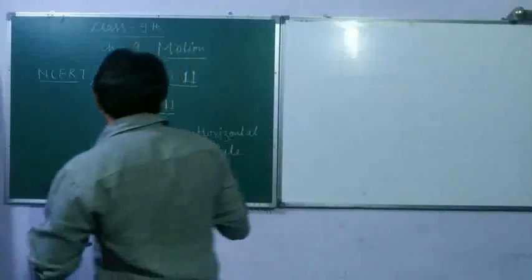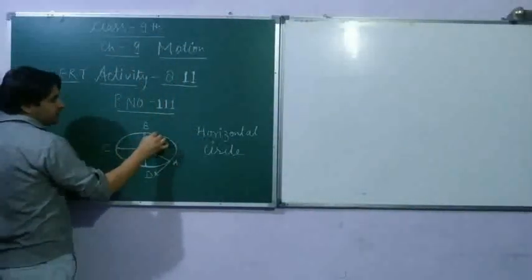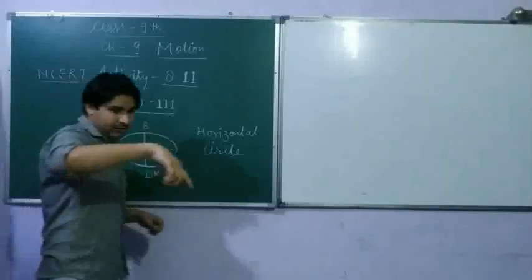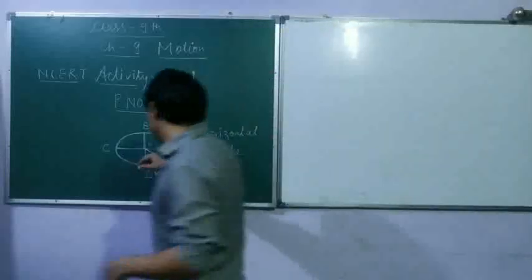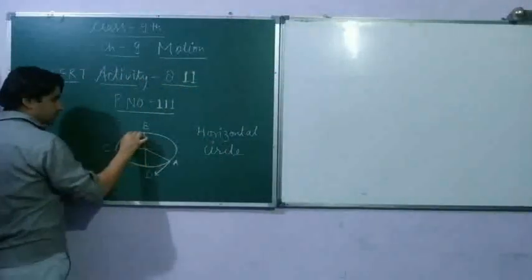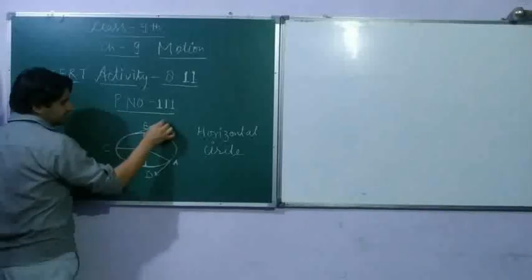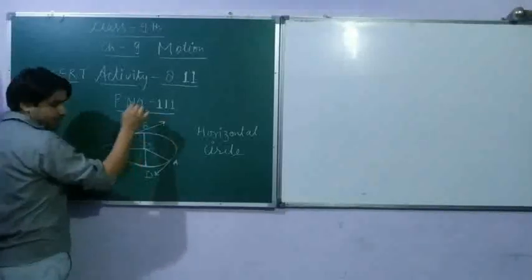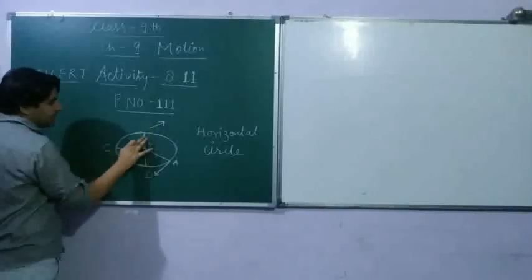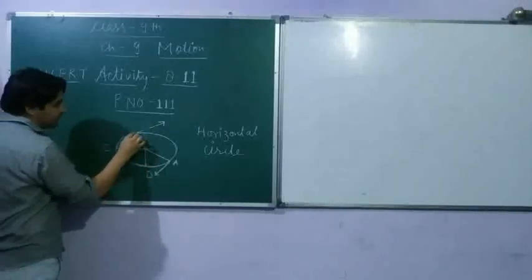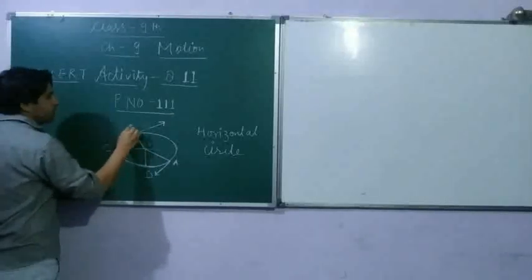So the position was this one. When I was rotating like this, it came toward me, and this was the position. This was the second point, so I may take this B point here. This is point B.